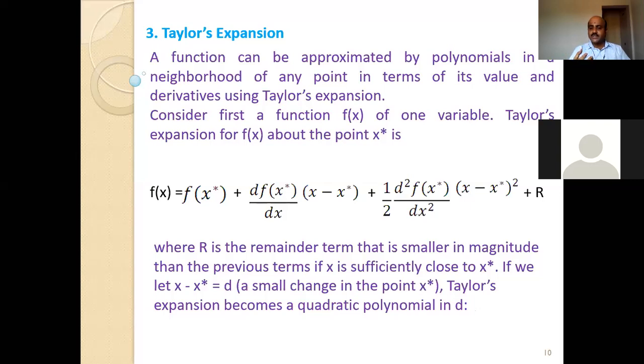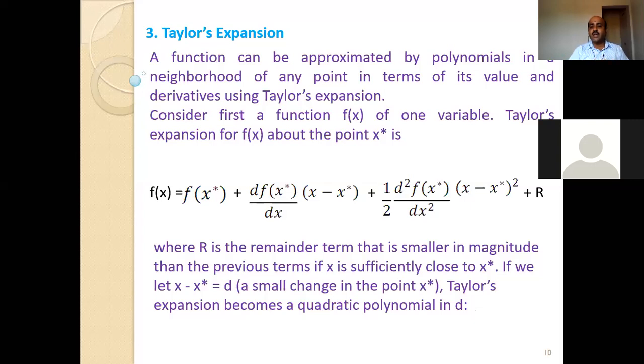So a function is approximated in the neighborhood of any point in terms of its value and derivatives using Taylor's expansion. This is the expansion we have written for a function of a single variable.